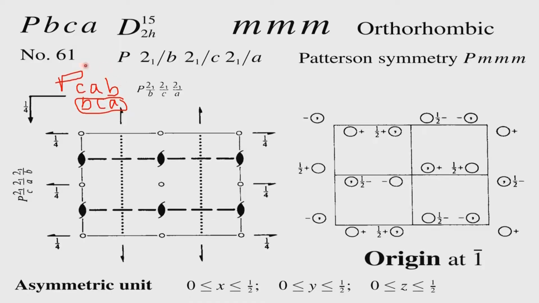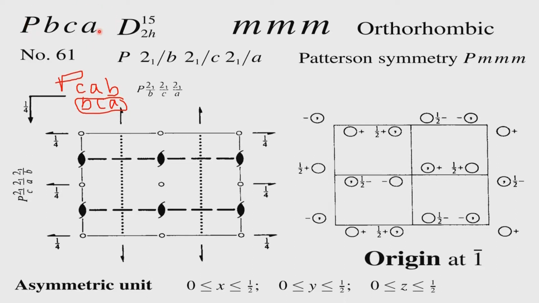But what people do is, when you read that literature, in the brackets they will give the standard setting, PBCA. So, they will indicate that even though the structure is reported in this space group, the standard setting is PBCA. This is how the space groups are unique, and therefore, there are not more than 230 space groups.